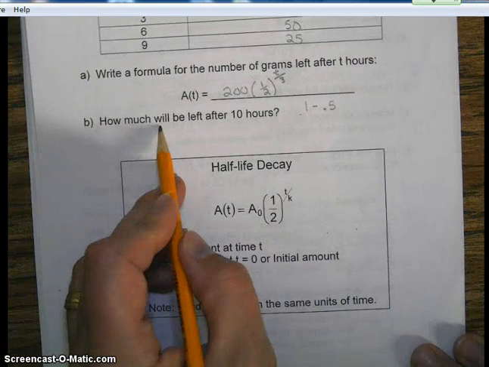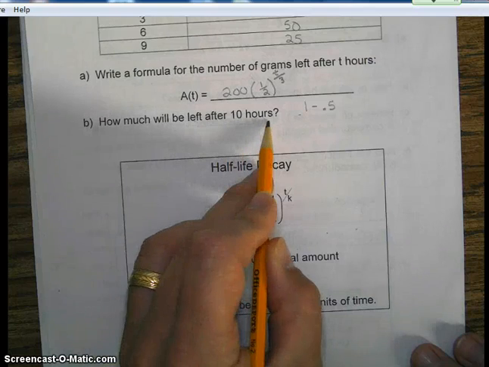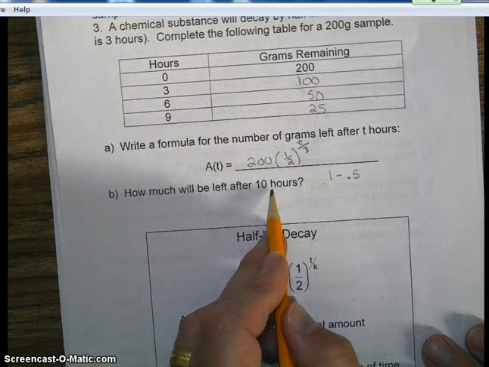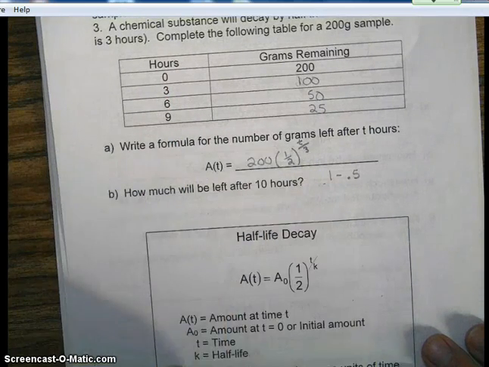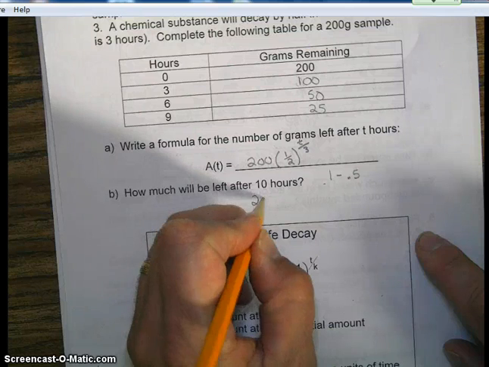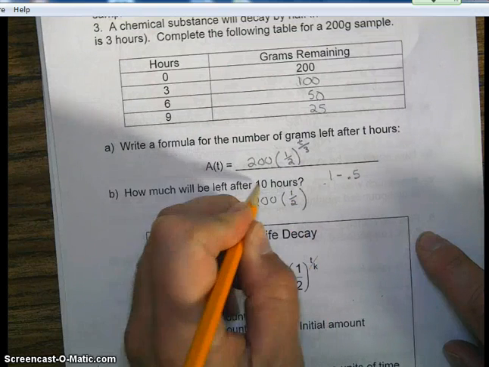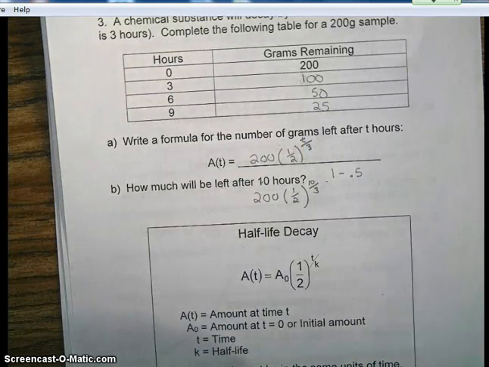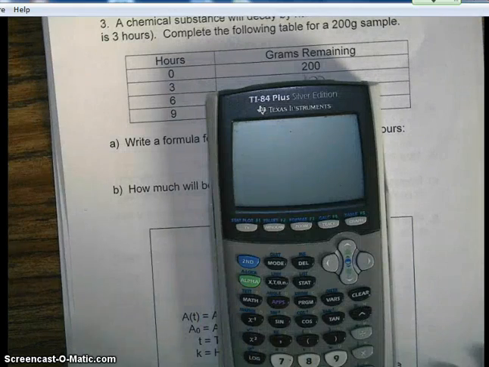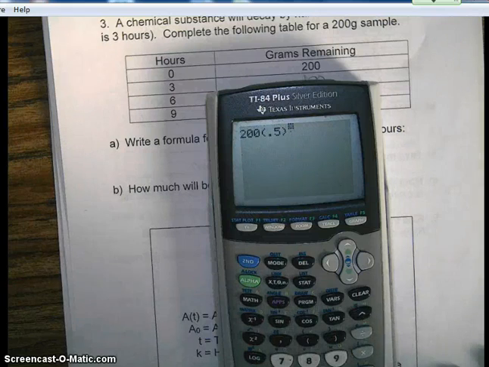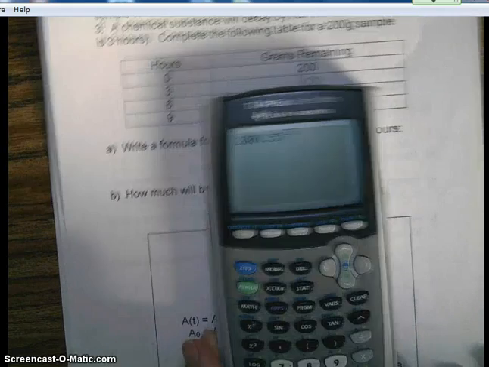So B, how much will be left after 10 hours? Well, thankfully, our time is in hours, and our half-life is also in hours. So we'll have 200 times 1/2, plugging 10 in for t, 10 over 3, 200 times 1/2 raised to the 10 divided by 3 power.